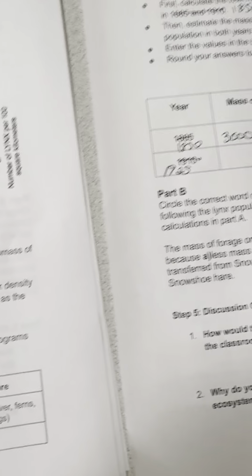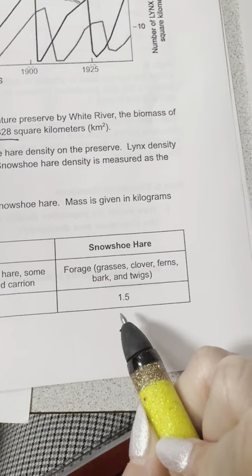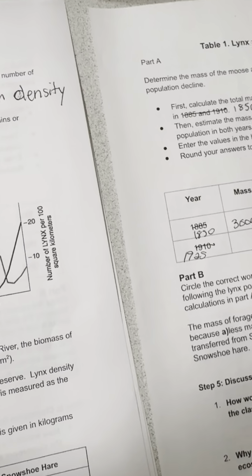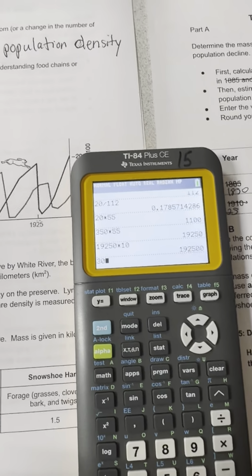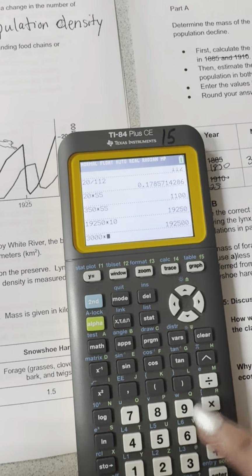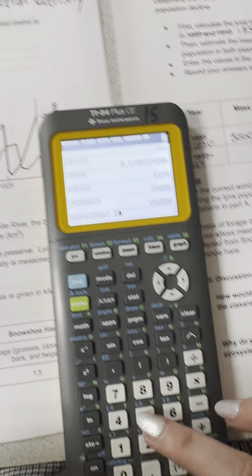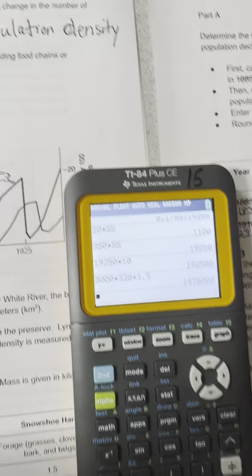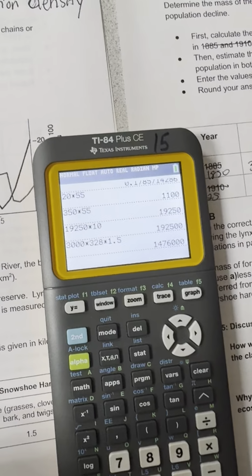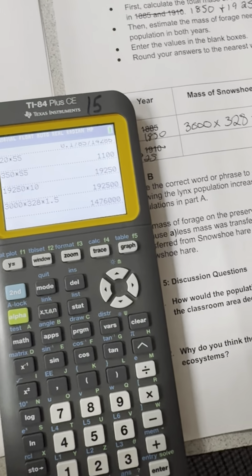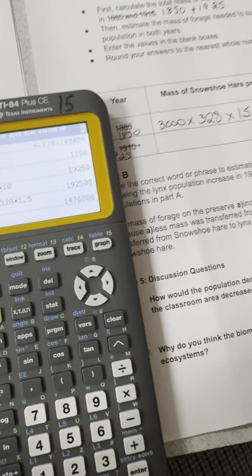And then I need to times it by the mass of each individual rabbit, which is 1.5. So 3,000 times 328 times 1.5 gives me 1,476,000 kilograms.